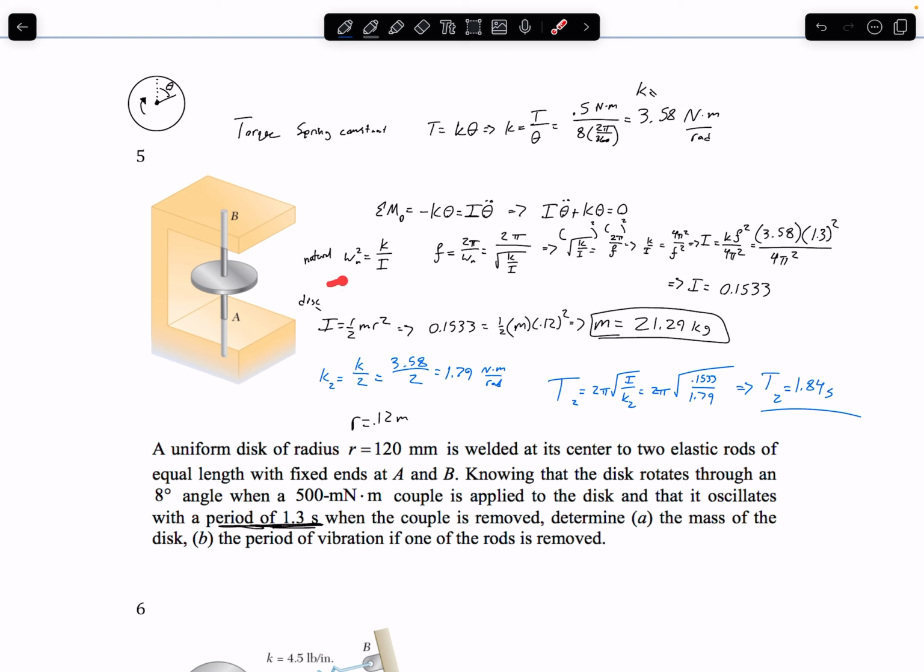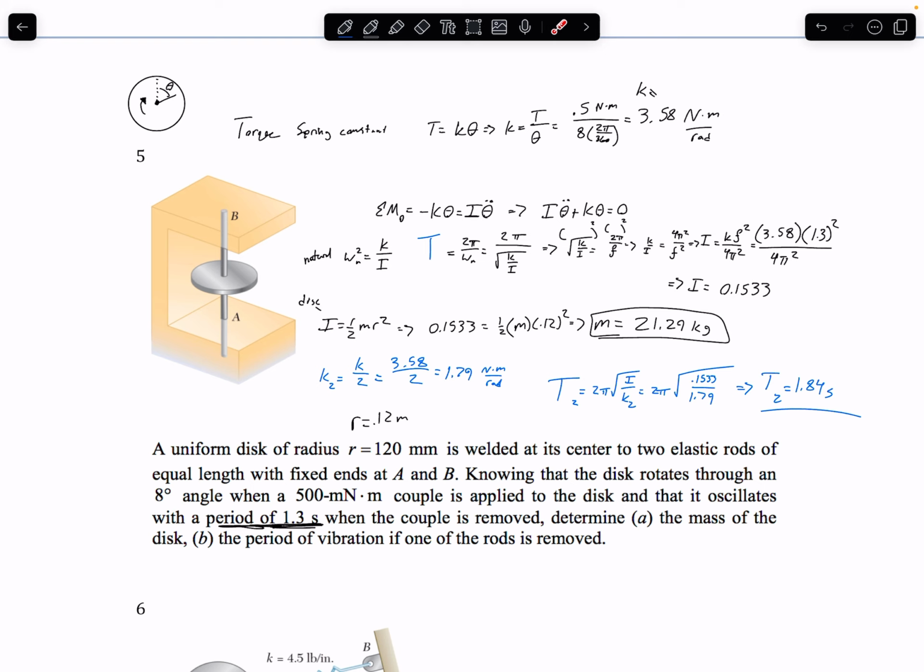Now the natural omega n squared is equal to k over I, and we can sub that into our frequency and period equation, and that allows us to find our moment of inertia after some algebra. So the moment of inertia is 0.1533.